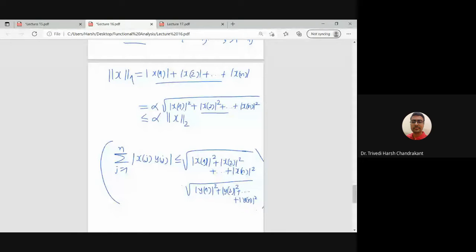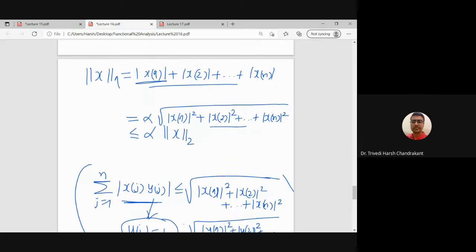That will be square root n because we are comparing with this term. We take each yj to be 0 or 1, with each yj equal to 1, so we get the square root of 1 plus 1 plus 1, n times. So that is square root n. What he said is correct, that should be square root n.